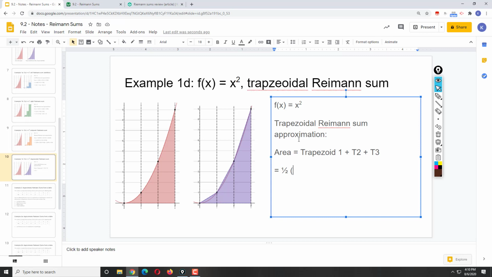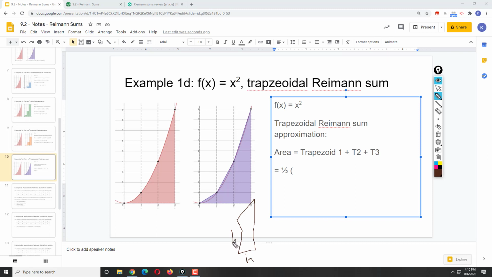For this trapezoid, you can call them two bases and one height, or you can say one base and two heights. Either way is fine. But just to be clear, let's say that we have two bases and one height.